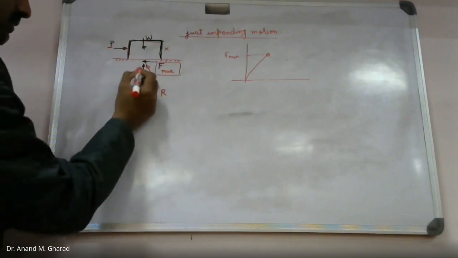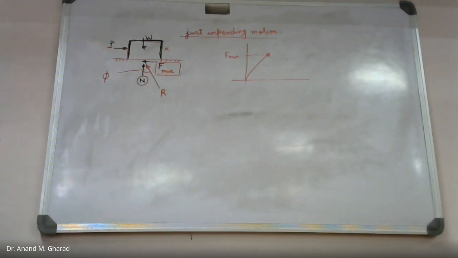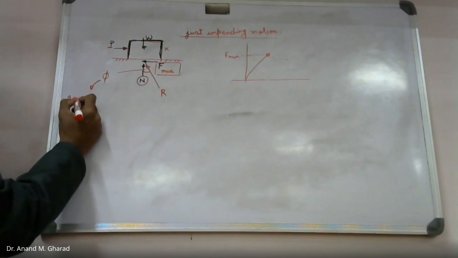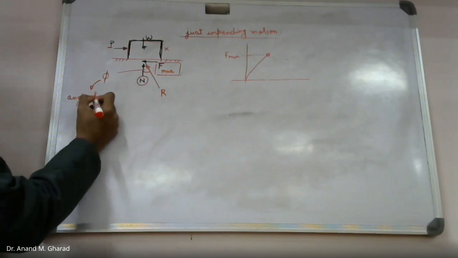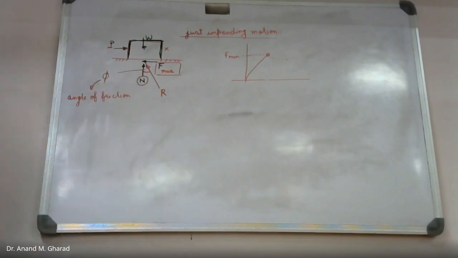Okay, this angle is denoted by phi, and this angle phi is known as the angle of friction. Are you getting me?